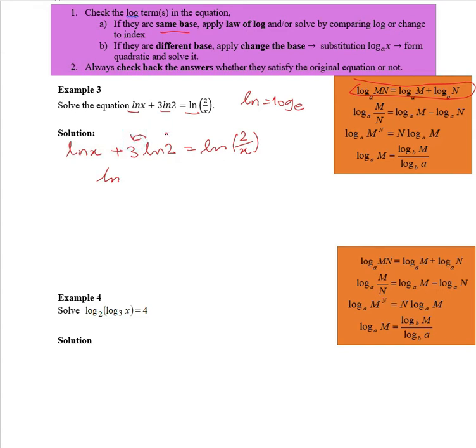You should bring it up, by using the third law. After you have brought number 3 up to be the power, now you can combine by using the first law. So this is natural logarithm, x times 2 to the power of 3.